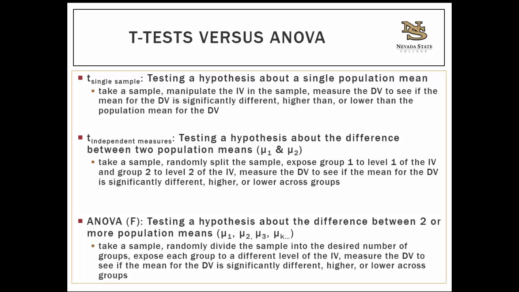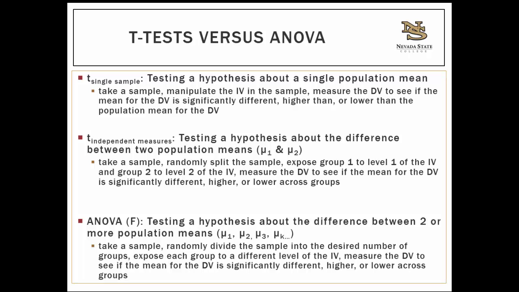So if findings are significant, or in other words, we reject the null hypothesis, then the researcher can be fairly confident that the observed differences in the dependent variable, whatever we're measuring, are due to the independent variable, whatever we manipulated. And if everyone in the population received the same treatment, or the independent variable, there would be a similar effect on the dependent variable for everyone.